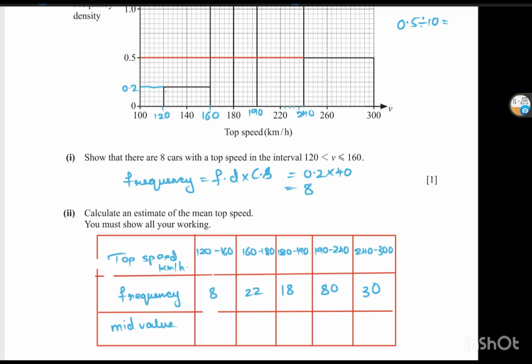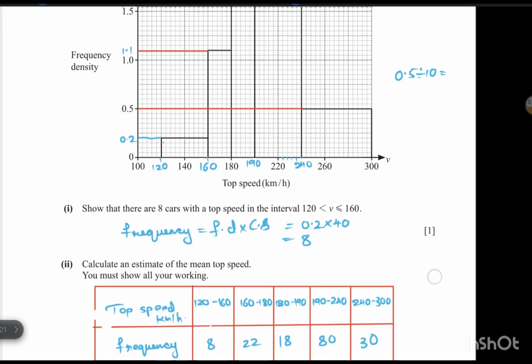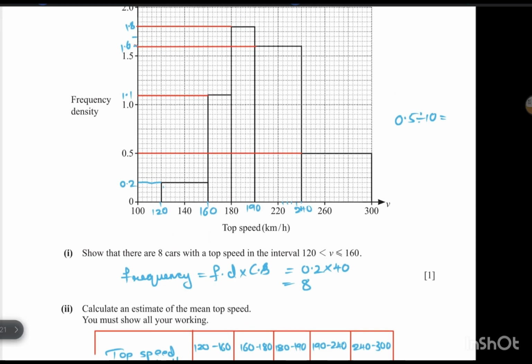Okay, 180 to 190 is 18. 1.8 into 10 is 18. 180 to 190. 20 numbers, 5 boxes. 20 divided by 5 is 4.